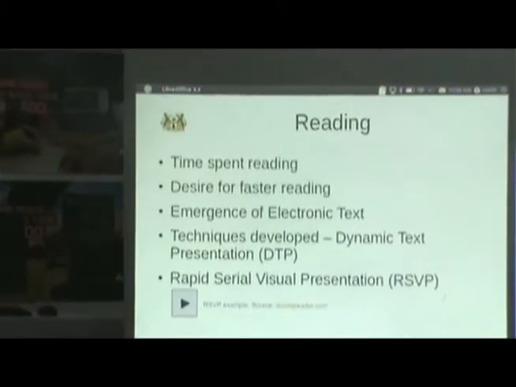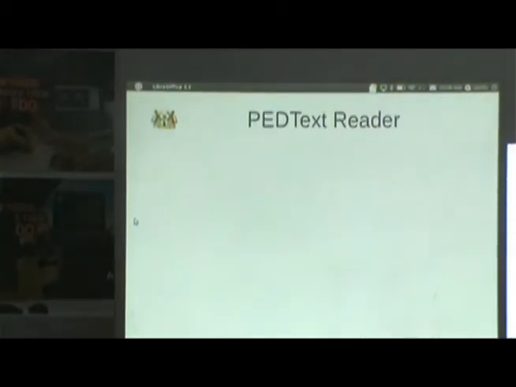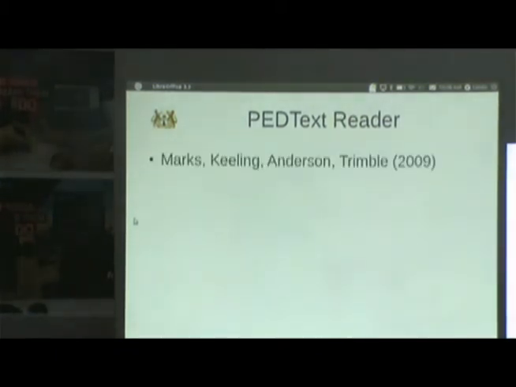Right. So based on this technique, RSVP, a tool was developed called PEDText Reader. This was done by Marks, Keeling, Anderson and Trimble at Howard University in 2009. It's basically a fusion of DTP, dynamic text presentation, as we just saw, and prosody, speech prosody.